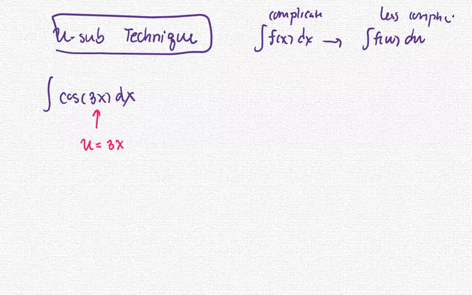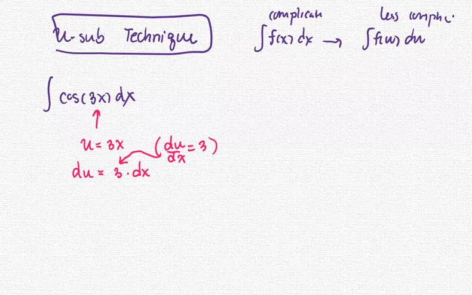After you set up the u or introduce a new variable u, you can find the differential du, which is the derivative multiplied by dx. And on a side note here, from the transformation from the derivative to the differential, we find the derivative, which is 3, and then put together in the differential form.